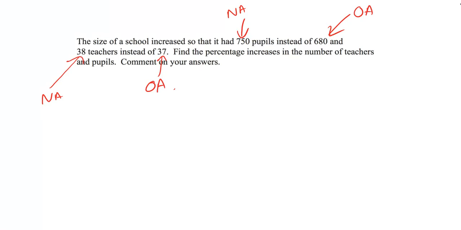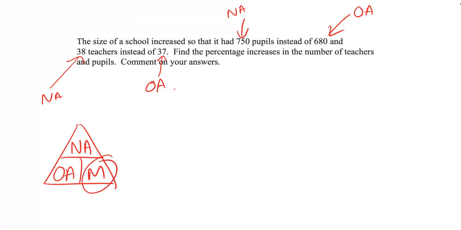Okay, so if I'm doing pupils and teachers, it's going to be the same thing. Let's write it out. Original amount times the multiplier is the new amount. So to work out that multiplier and thus the percentage, we need to do the new amount dividing by the original. So let's do the pupils first. We are going to need to do 750 divided by 680.